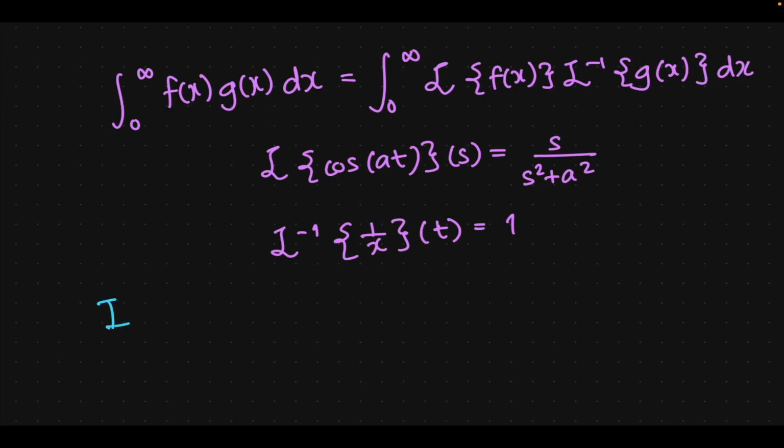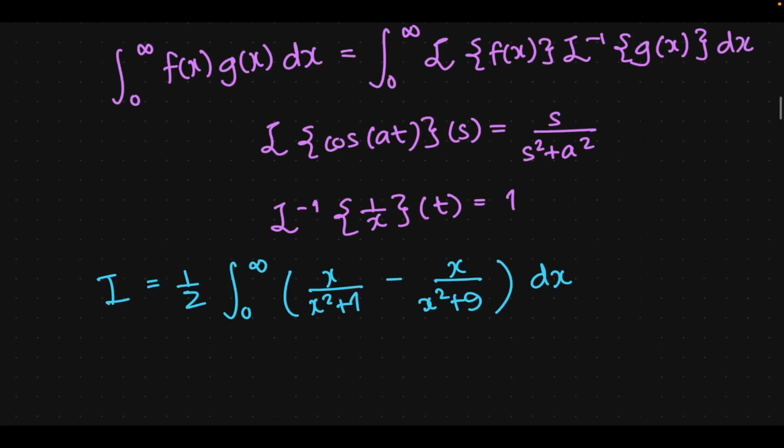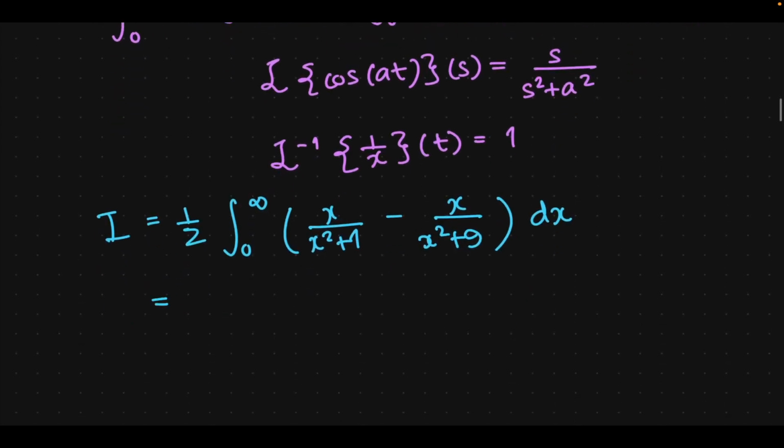So I get I is 1/2 integral 0 to infinity x over x squared plus 1 minus x over x squared plus 3 squared, which is 9, dx. What's wonderful about both of them is we can integrate them directly. That's 1/2 times 1/2, 1/4 natural log of x squared plus 1 minus natural log of x squared plus 9, which I can divide out in the argument like that, from 0 to infinity.